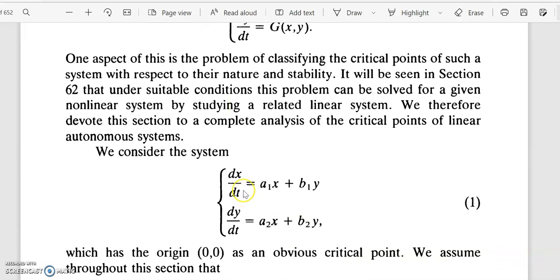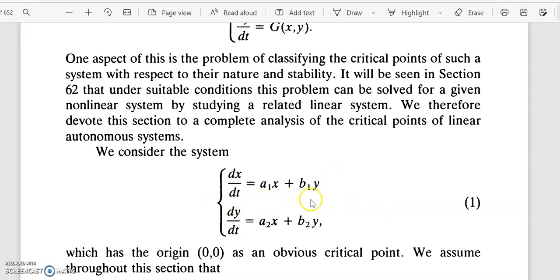That means we are going to consider the system of the form dx by dt equal to a1x plus b1y and dy by dt equal to a2x plus b2y. Now for this system, we'll analyze how to classify the different types of critical points, and we will analyze the stability for the linear autonomous system.